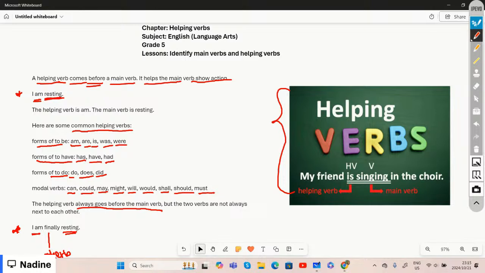And remember we said that the helping verb comes before the main verb. And is the helping verb. Is, it's the helping verb. It helps the main verb singing to show action. So is singing. It's telling us that he's doing something.